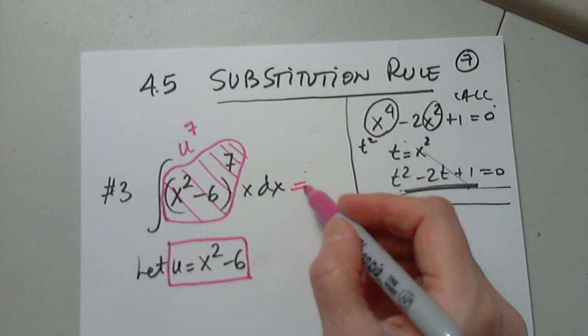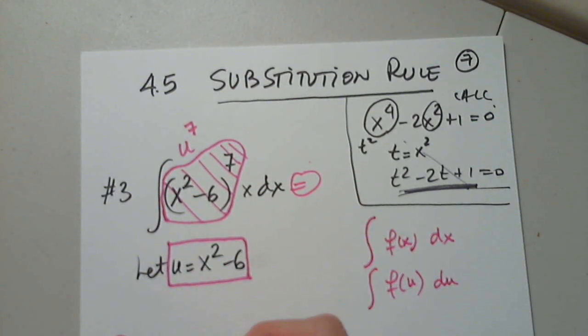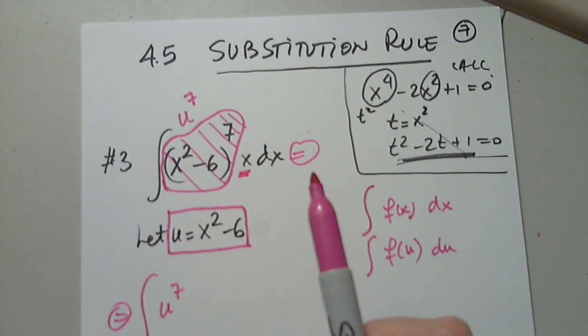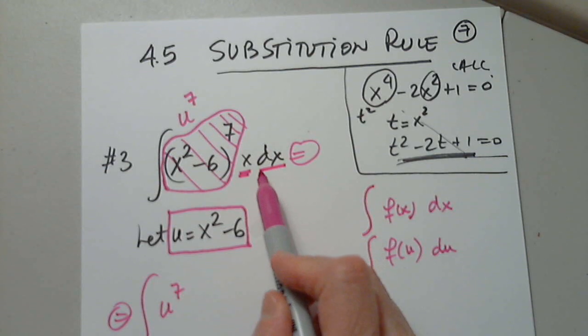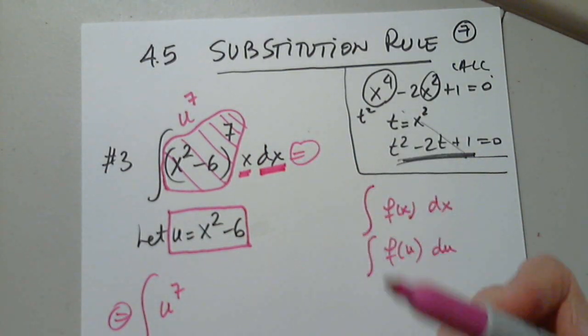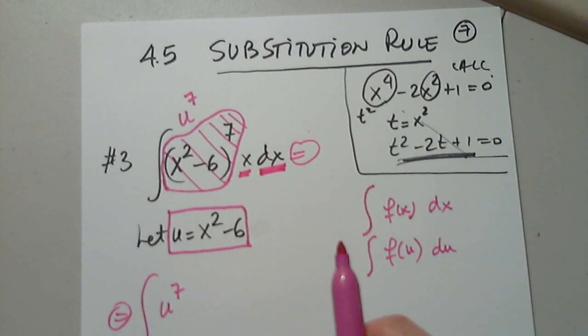So this integral now has u to the 7th. Now, I cannot have u and x in the same integral. So now I have to determine dx, I mean, change dx into du. So here's how we do it.